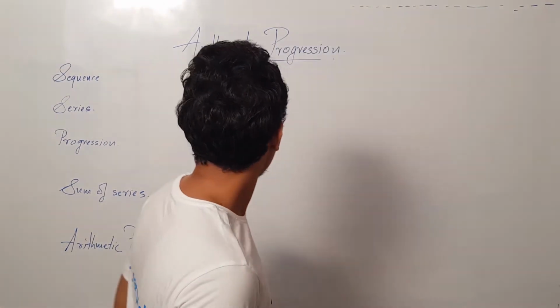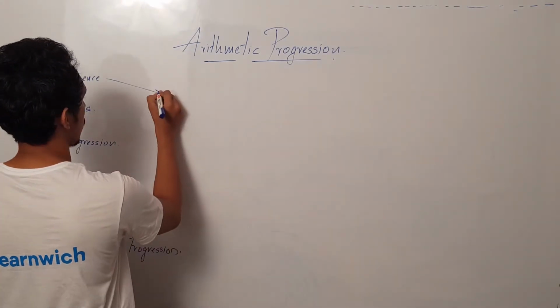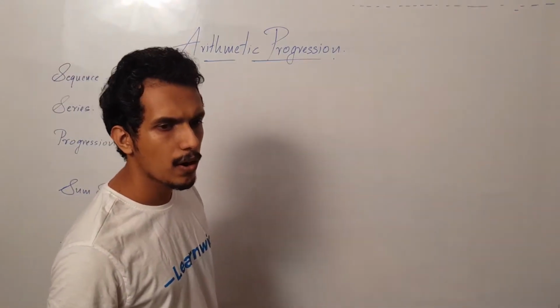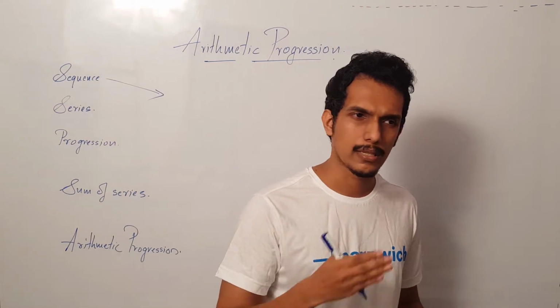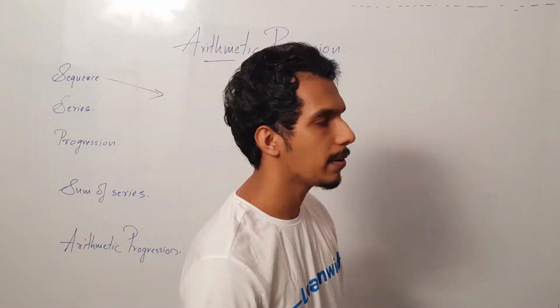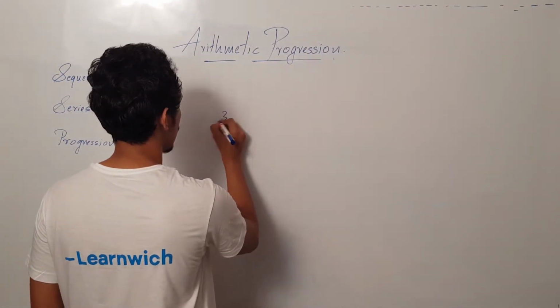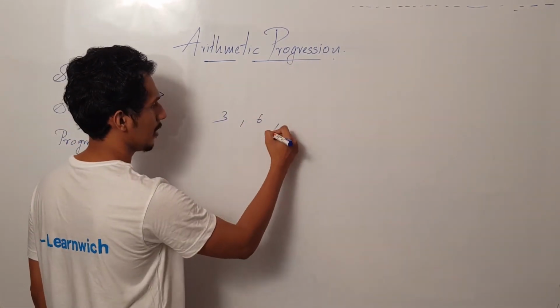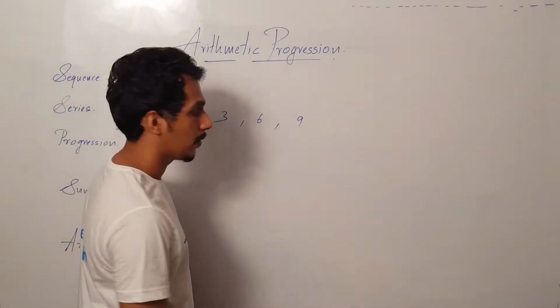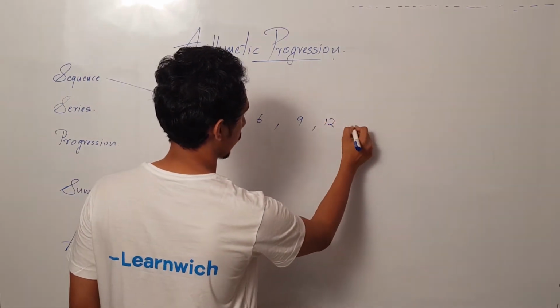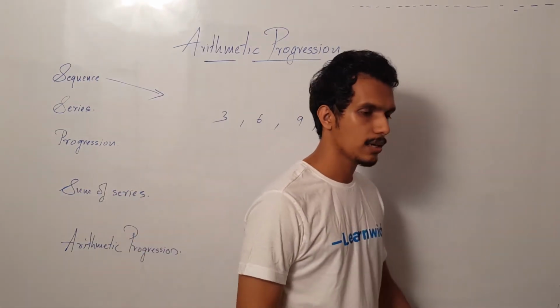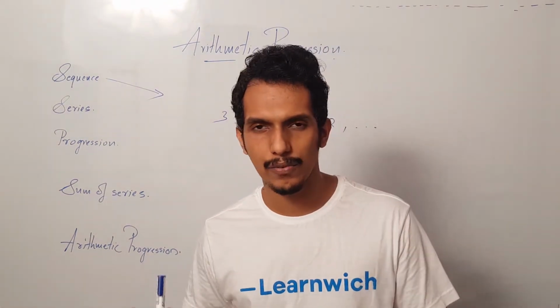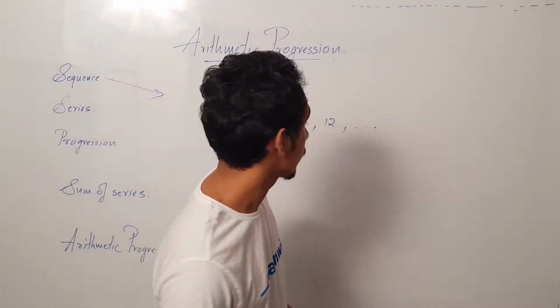All right, so let's understand what a sequence means. We have all seen different types of numbers written separated by commas. For example, here's the number 3, then separated by a comma we write 6, and then we write 9. All right, then we write 12, etc. So can you call this set of numbers a sequence?